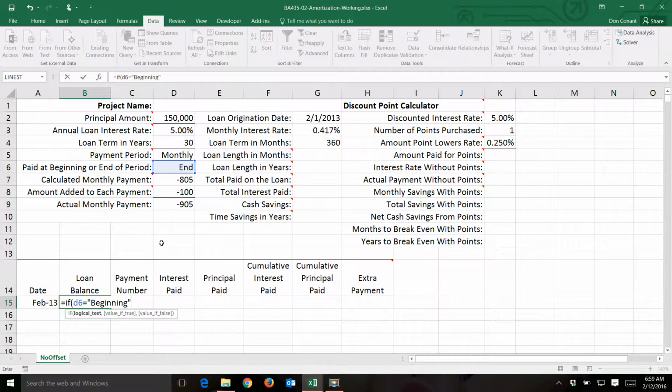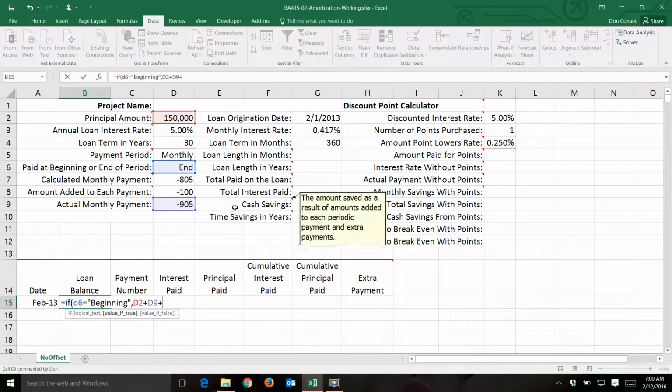If it equals beginning, that means that we made the first payment before we left the building at the point we took out the loan, so no interest accrued on the original balance. The loan balance at this point then would be the principal amount plus the amount that we paid, which is a negative number, so it's going to reduce it, plus, and you have to keep in mind one of the features we have here is the ability to make an extra payment.